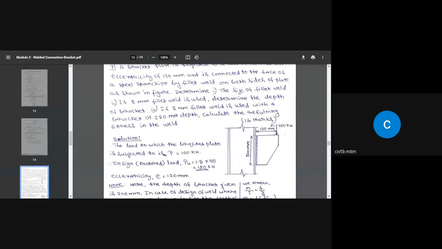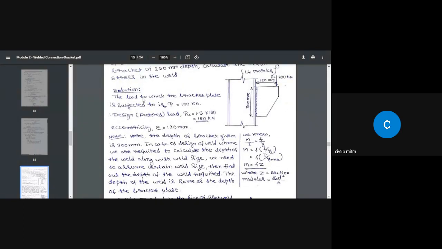What is the resulting stress in the weld? That means, what is the stress in the weld located at the farthest distance from the neutral axis, because that is the weld that is going to be stressed to the maximum.